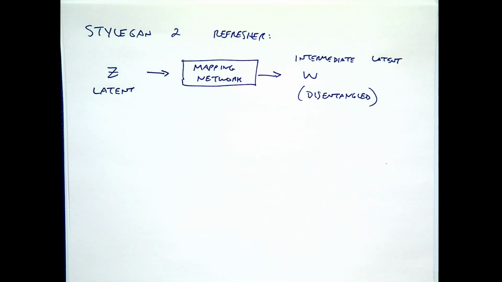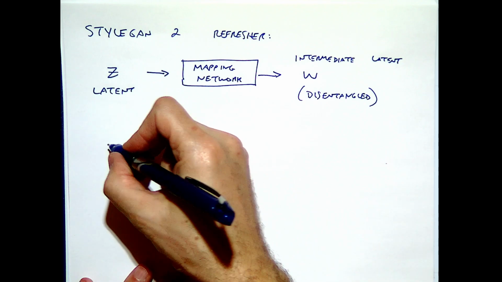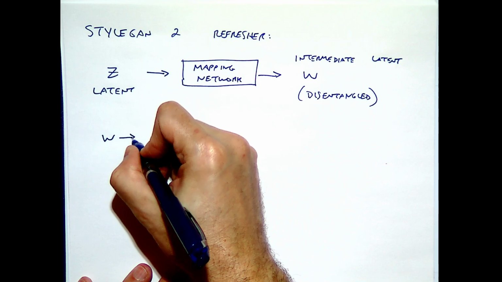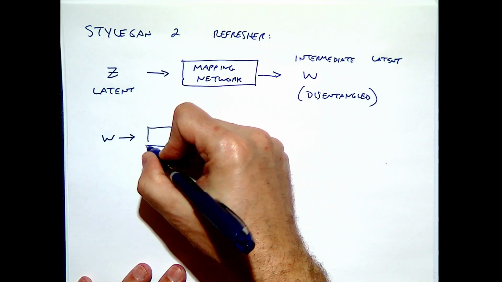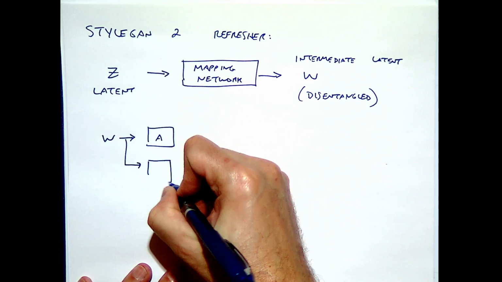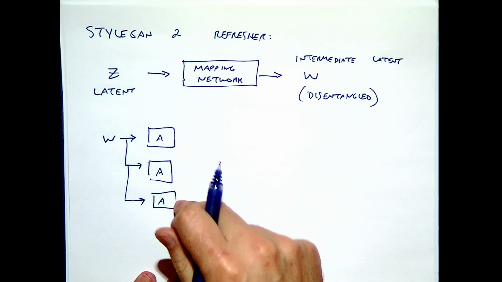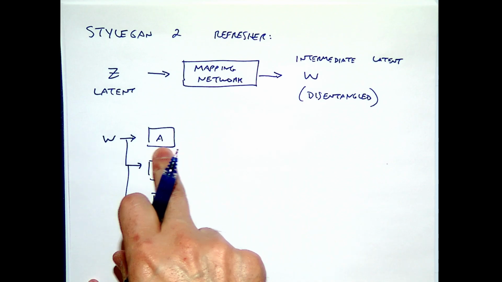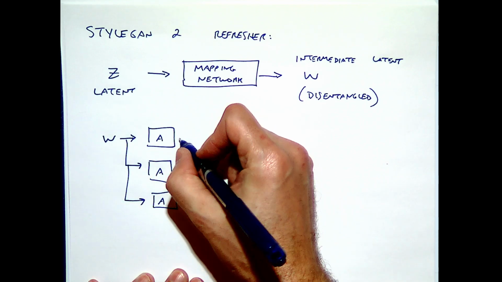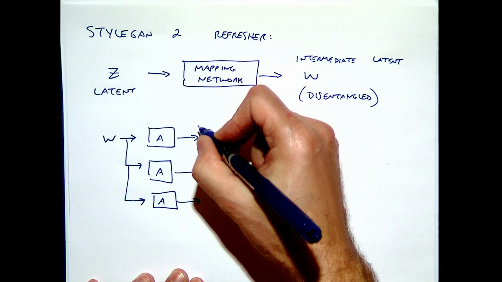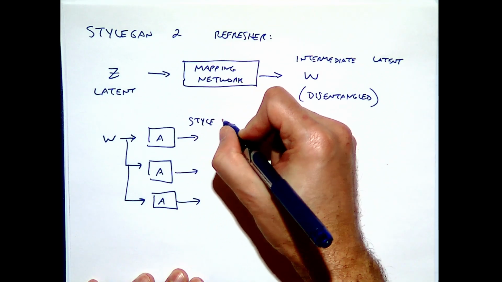So the idea was that the W space gave us more sensible edit directions. The way W was used was that I put this W vector into a bunch of affine transformations, a bias and a scaling at every layer. And then what comes out of each of these was a style vector.